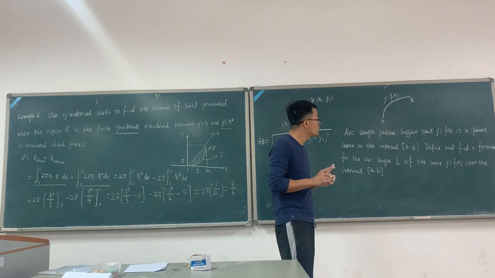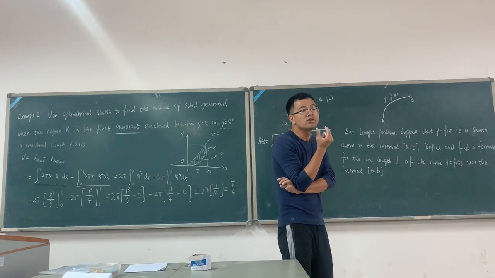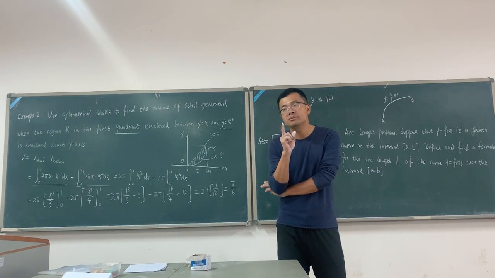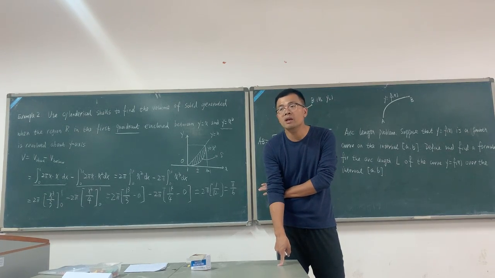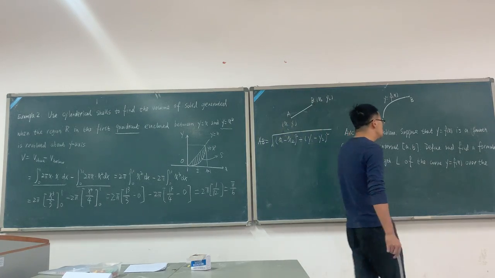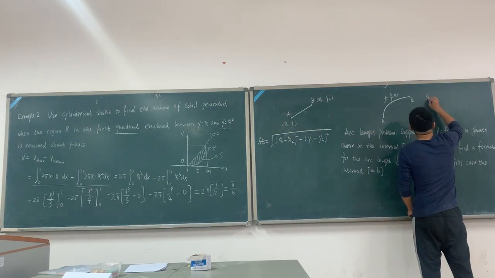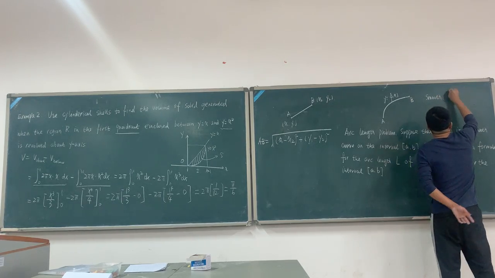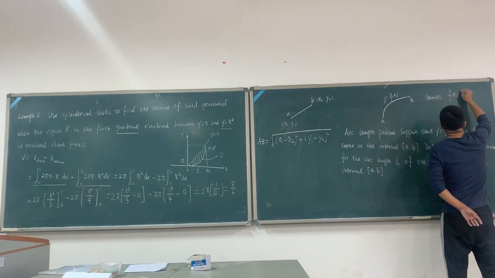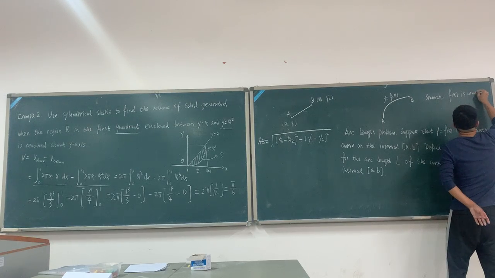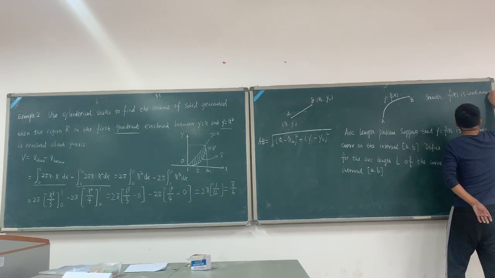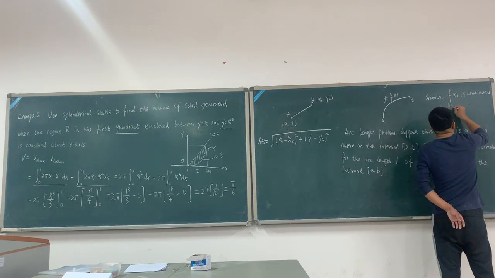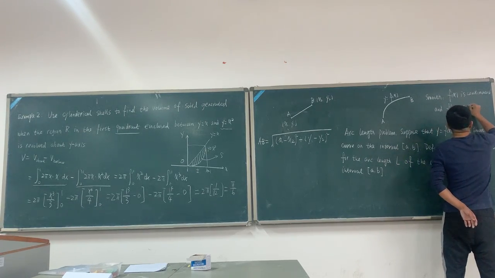Here, this function or this curve is a smooth curve. What is the meaning of smooth? Smooth here means the function f(x) is continuous, and the derivative f prime is also continuous.